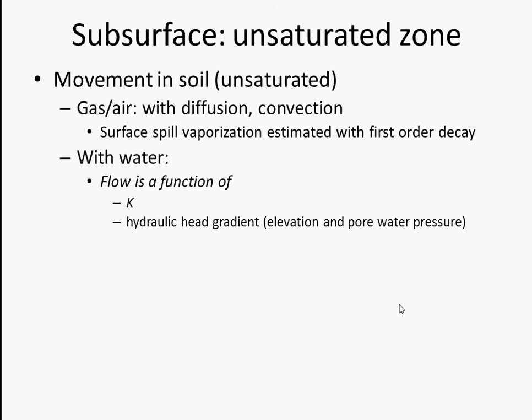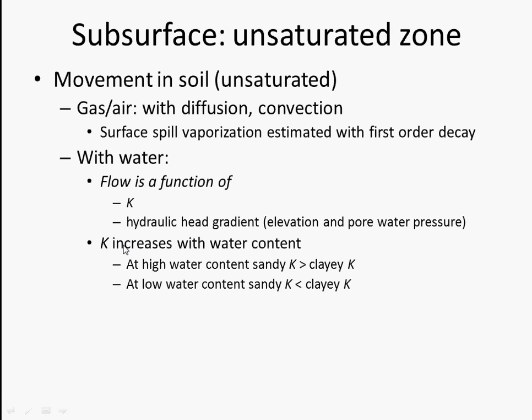Okay, so summing up, movement in unsaturated soil: we have gas and air moving with diffusion and convection, but we're using this first order decay equation to estimate these more complicated processes, to do it a little more easily and more empirically. With water, it's a function of hydraulic conductivity and hydraulic head gradient, elevation, and pore water pressure.